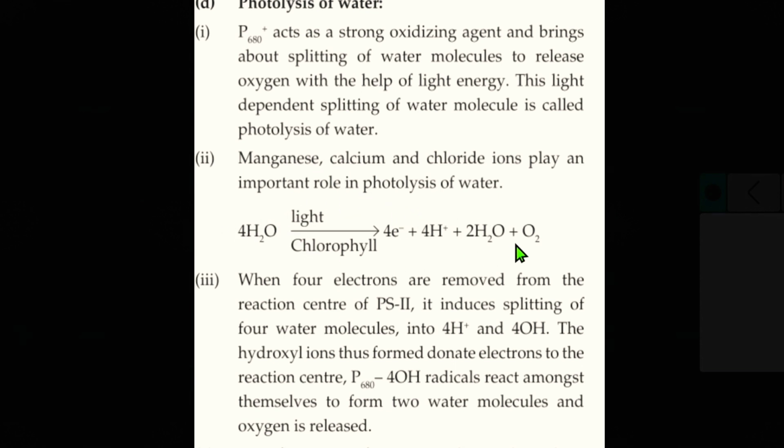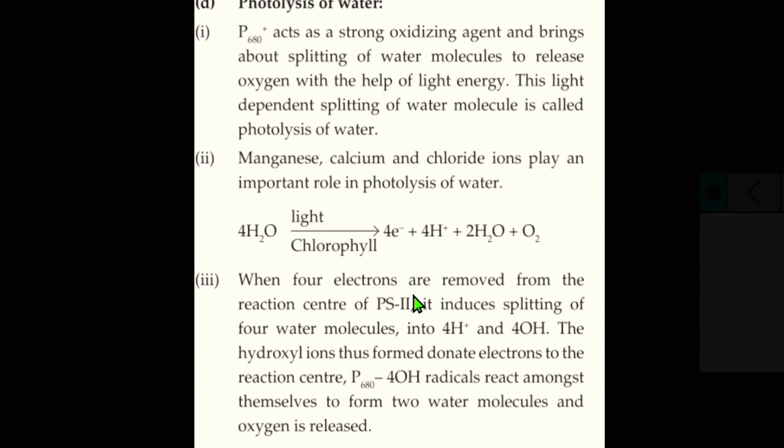Here is the reaction of photolysis of water. 4H2O, in the presence of light and chlorophyll, gives 4 electrons which go into PS2 and 4 hydrogen atoms which go towards the 2 NADPH molecules, and 2 water molecules and oxygen are involved.